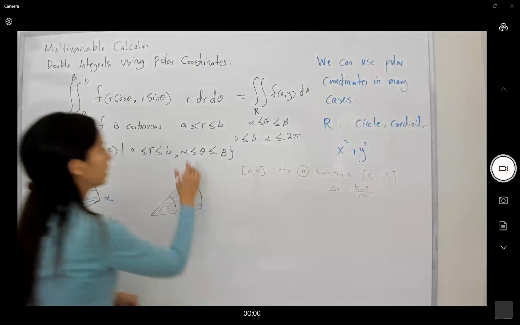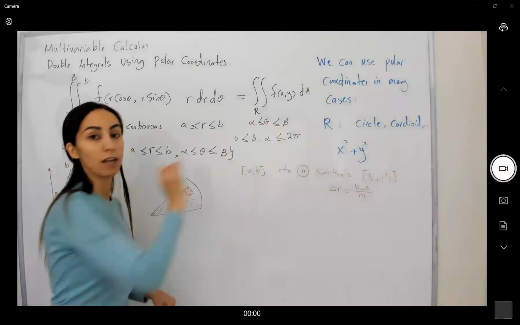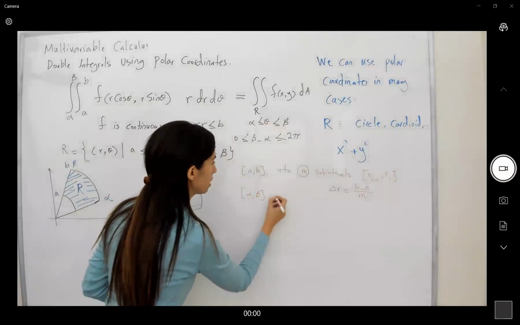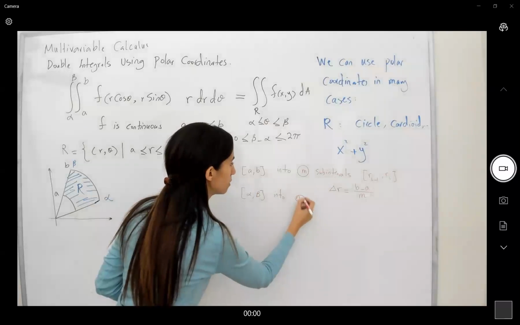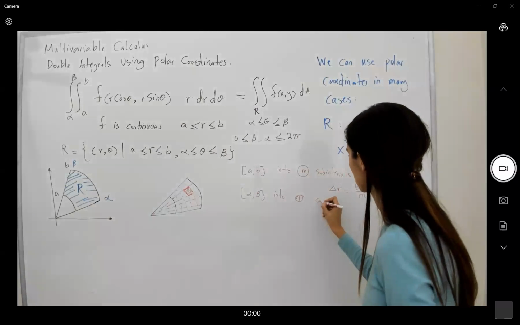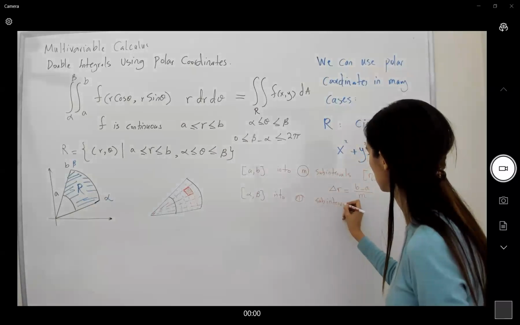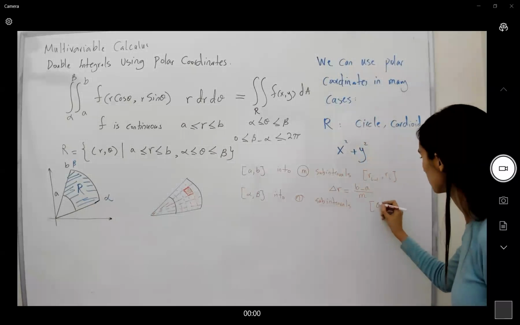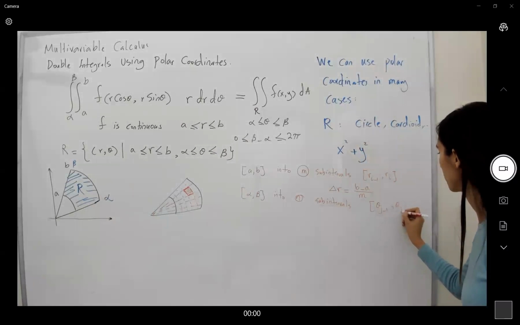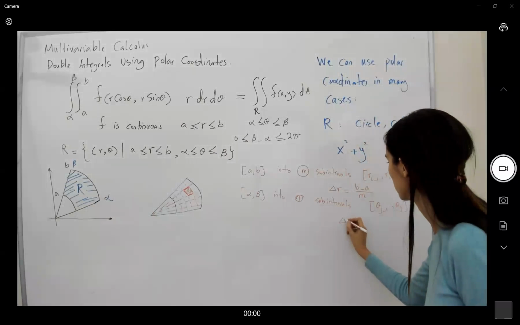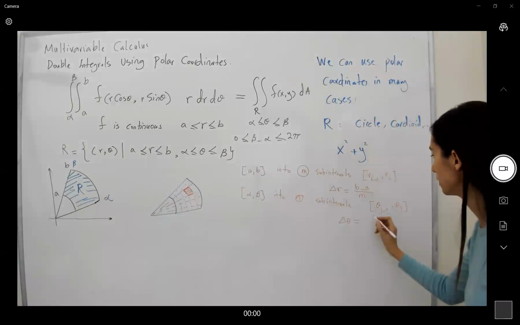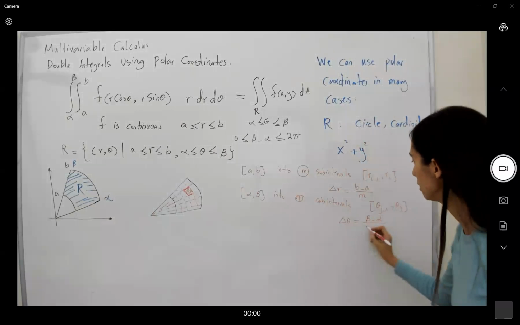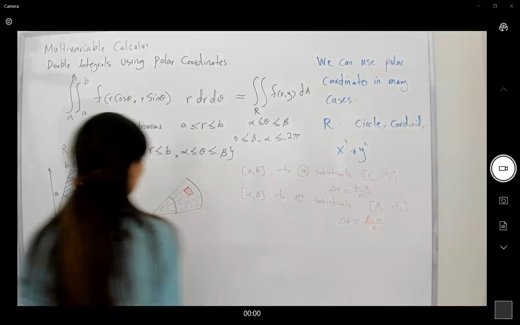At the same time, since my theta is sandwiched between alpha and beta, I'm taking the alpha and beta interval and slicing it into n subintervals. Let me use a different index: theta j minus 1 and theta j, and delta theta is equal to beta minus alpha divided by n.